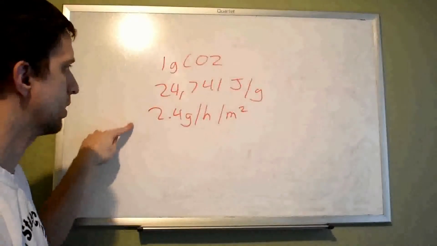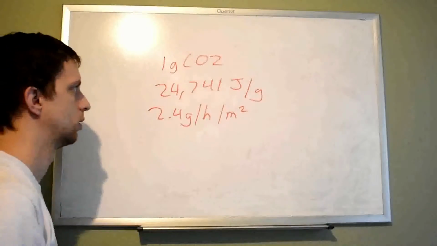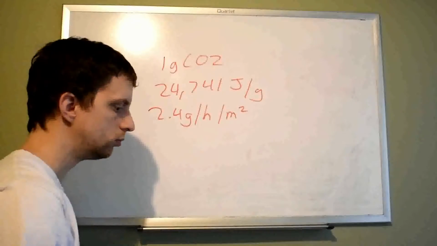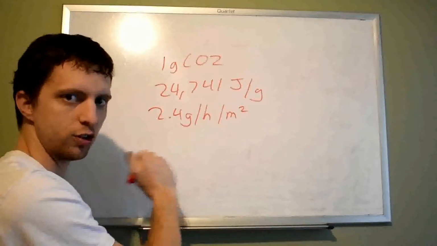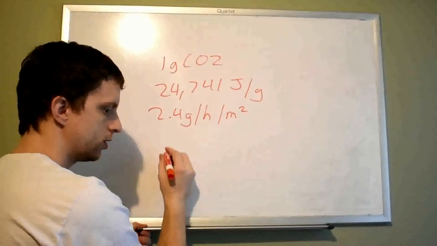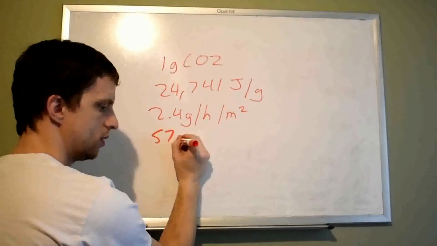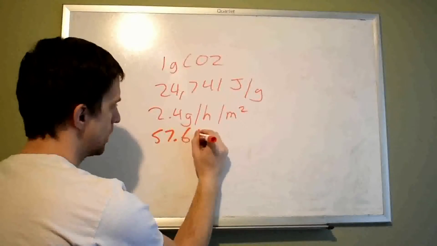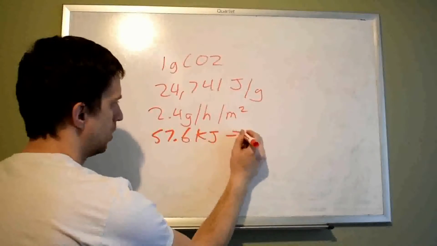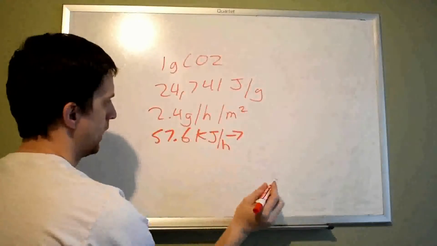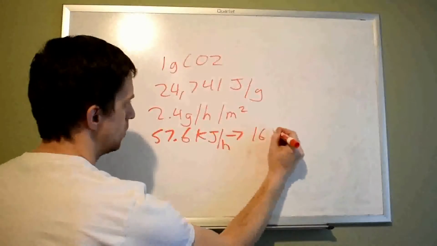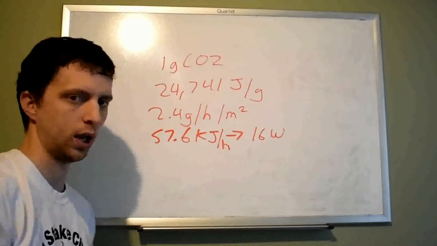We can plug that in and see how much energy we need to support that kind of CO2 consumption, to support that kind of growth. And it comes out to about 57.6 kilojoules per hour, which is about 16 watts, or joules per second.